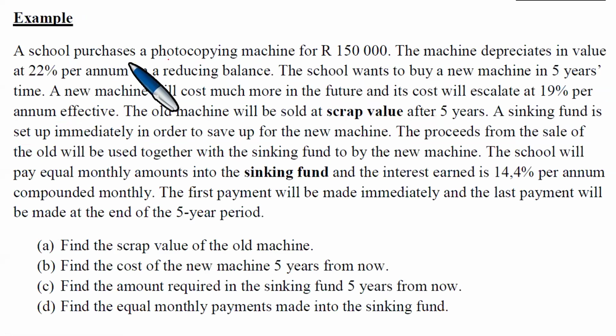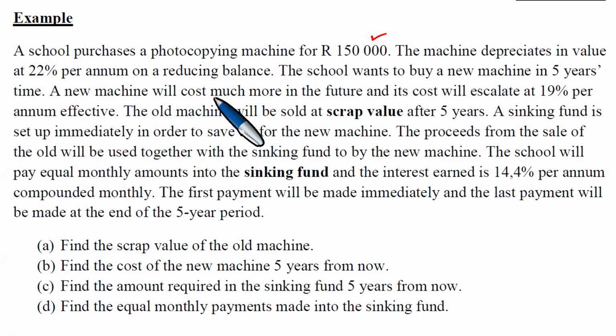A school purchases a photocopying machine for 150,000 rand. The machine depreciates in value at 22% per annum on a reducing balance. The school wants to buy a new machine in 5 years' time.